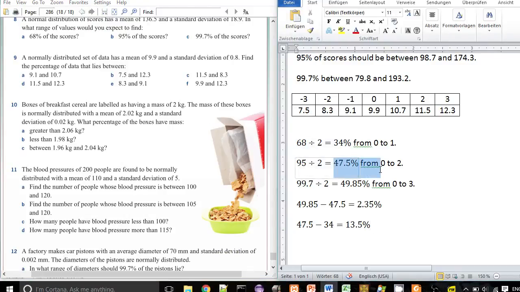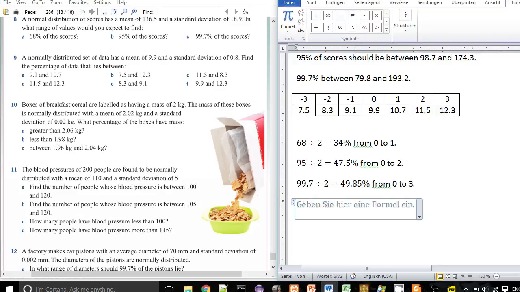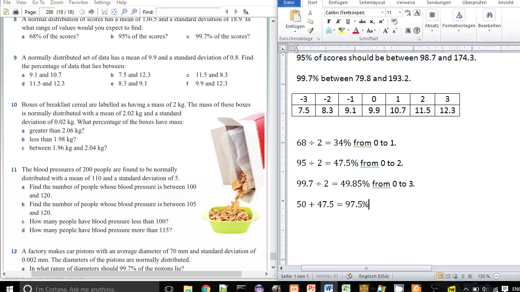Okay, so let's take this one. This is from 0 to 2. And let's also add 50%, because anything less than 0, that's 50%. So if you do 50 plus 47.5, that's 97.5%.